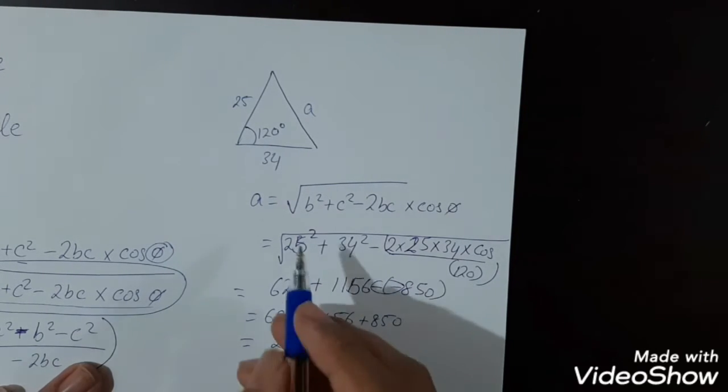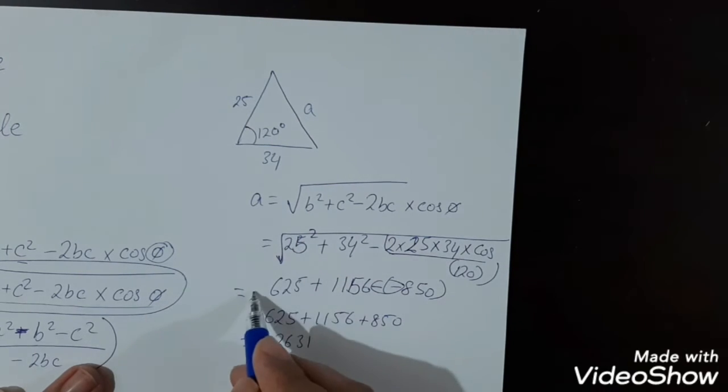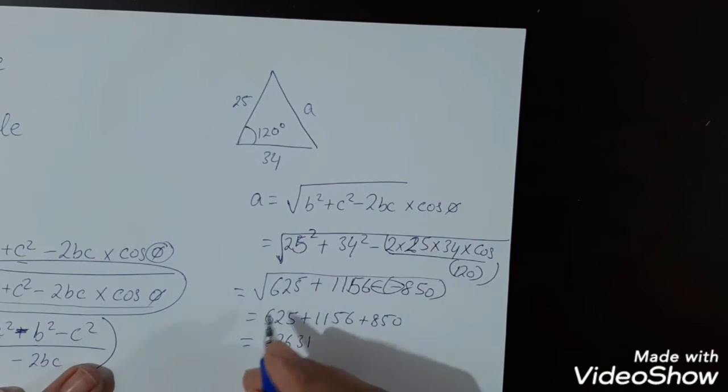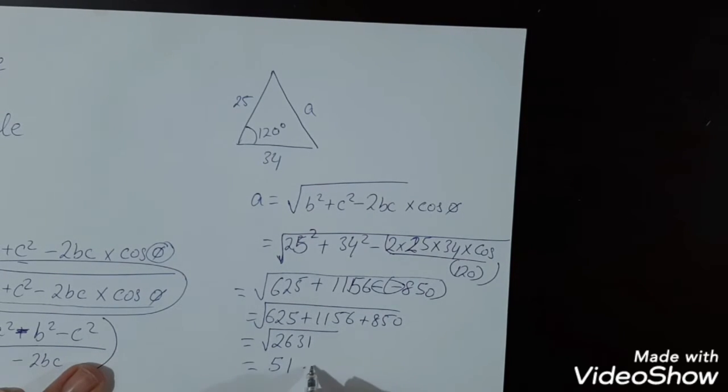Which will be 2631. We still didn't take the square root of this whole expression, so we continue with the square root of 2631, which will be 51.2932. In exams we have to round this off to three significant figures, so we write this as 51.3 centimeter.